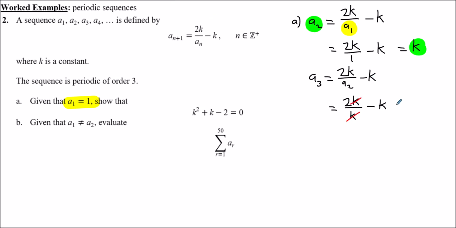And that'll just give me 2 minus K. So A3 is 2 minus K. You might be thinking, well, where's he going with this?